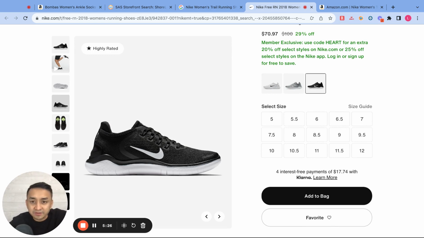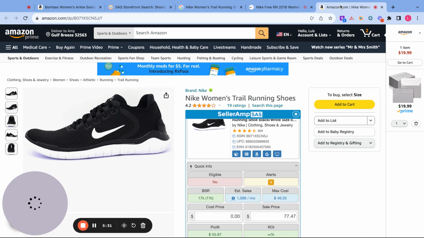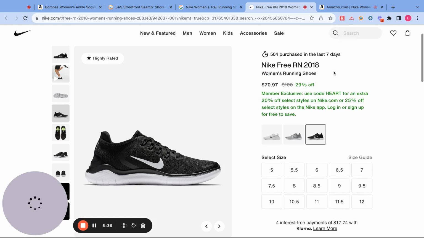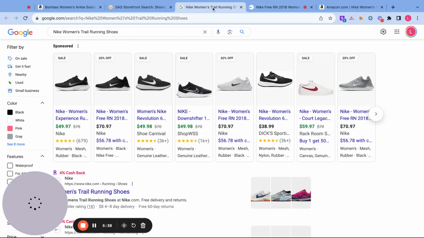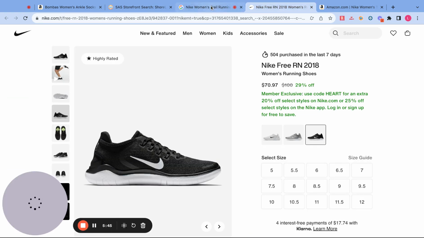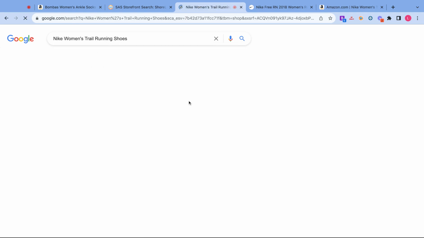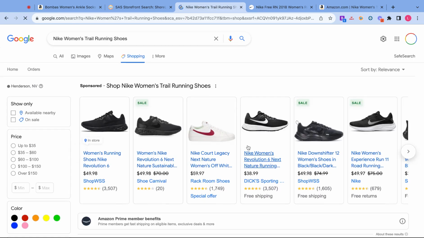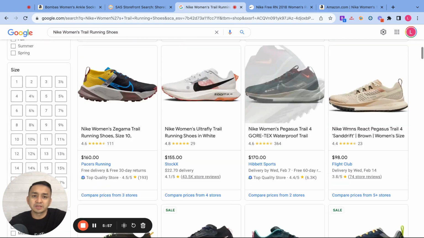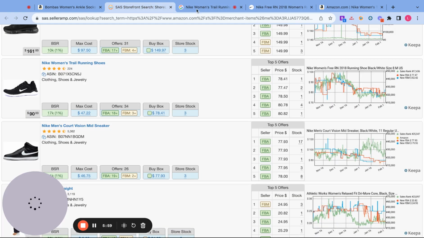I don't think it's the same because of the design right there. But man, it's really close. Oh, but their price doesn't even match. So never mind. So I'll keep it moving. So back to shopping. Yeah, I don't think it's here. So I'll just skip it, save on time.